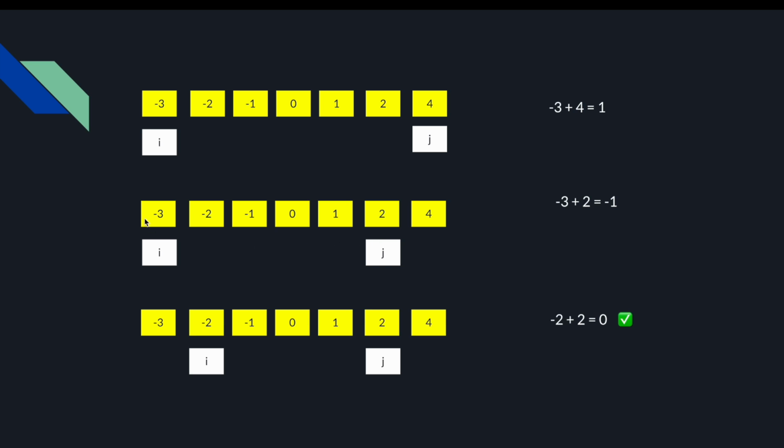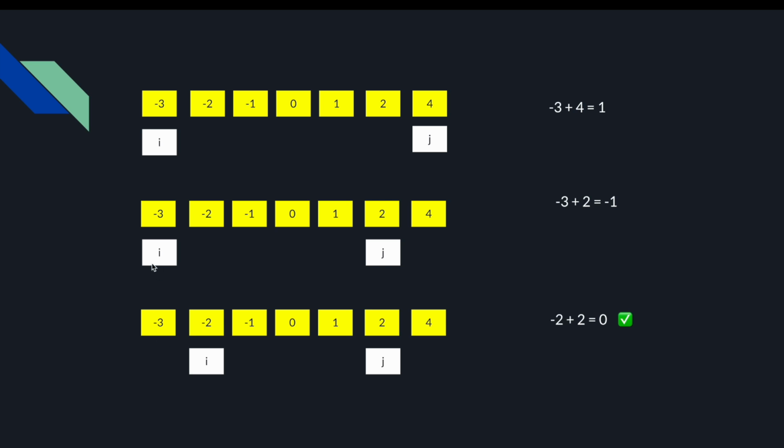Now if we add -3 and 2, it gives us -1, which is again not 0, and this time the value is smaller than 0, which means the negative value is greater here. Now we need to balance it out. We need to move our most negative value to the next negative value, which means I need to move the i pointer to the next index.